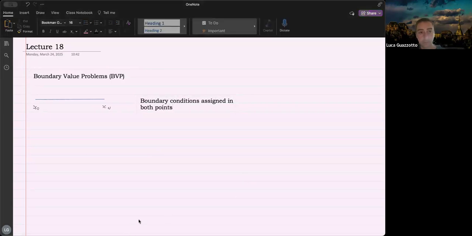Okay, now I should immediately tell you something about what is going on here. So let's see how this goes. You have at least two boundary conditions, because I'm saying I'm going to assign boundary conditions in both ends of this interval.